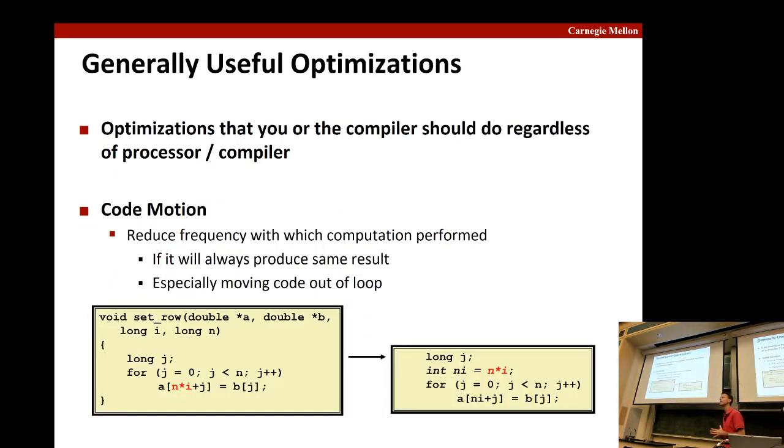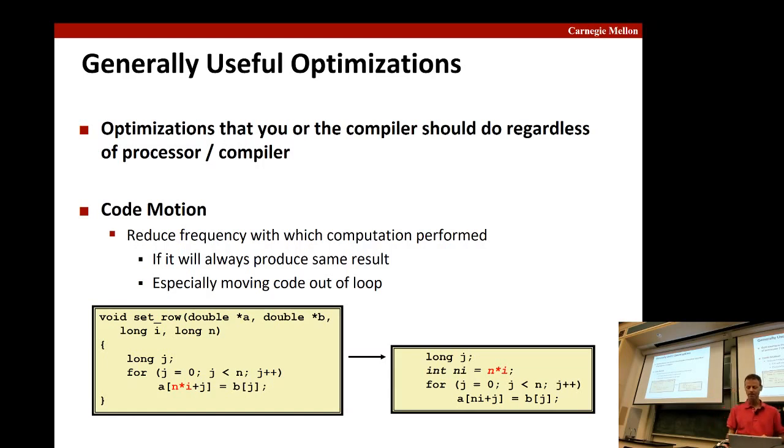Code motion is a generally useful optimization. This is one where you take some aspect of the assembly code that's done inside a loop, and you realize that it's loop invariant. The value of this expression is not changing inside the loop, so there's no reason to recalculate it every time you go through the loop.